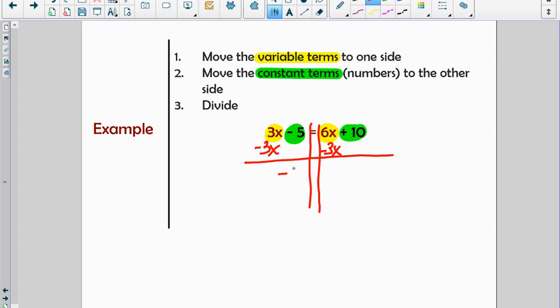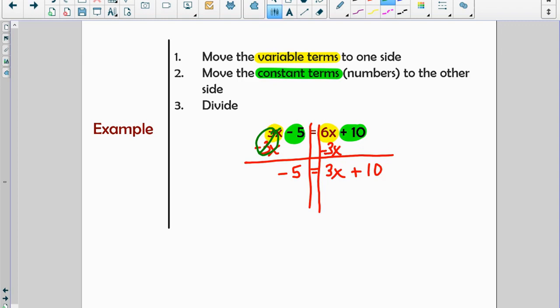That's going to leave me with -5 equals 3x plus 10. Notice when we simplified, 3x minus 3x was 0, and 6x minus 3x was 3x.